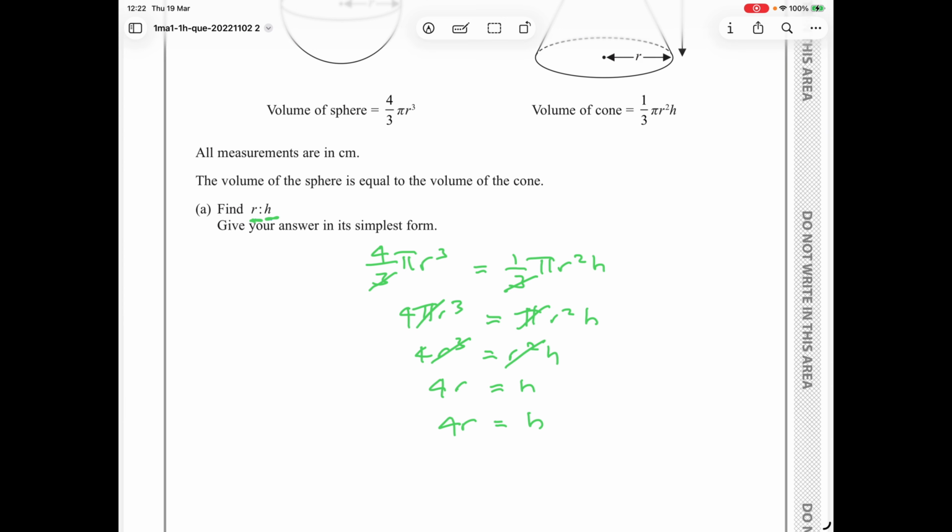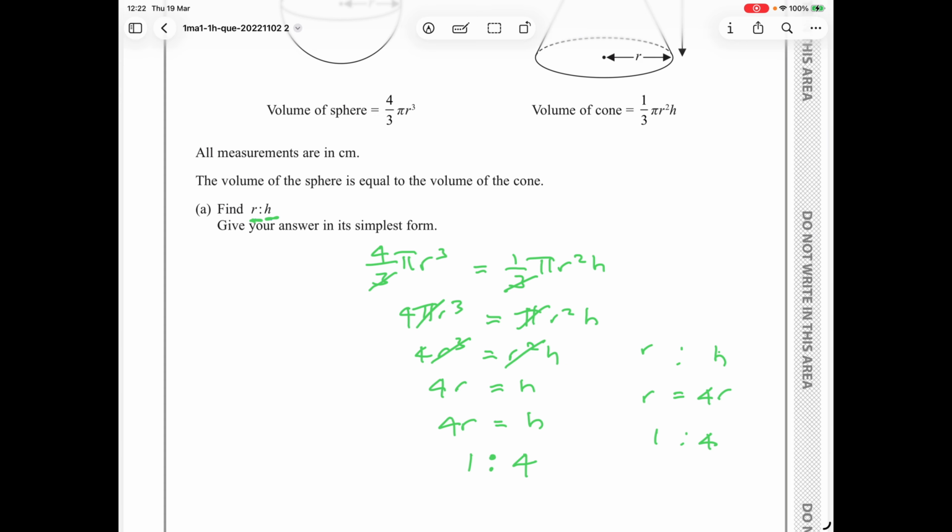So if we're putting that into a ratio, it means that for every 1 part of r, there are 4 parts of h, because h equals 4r.